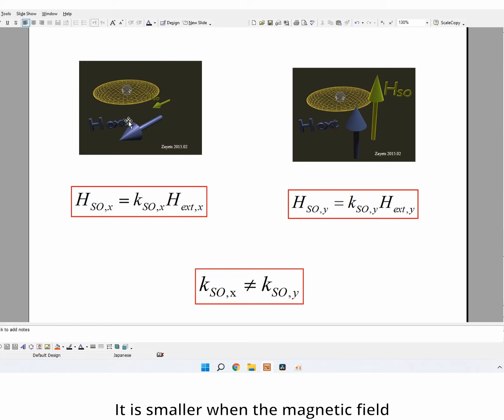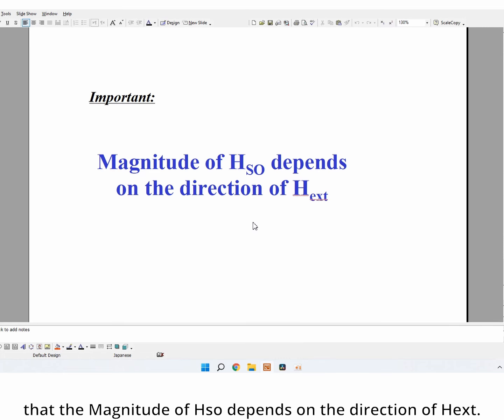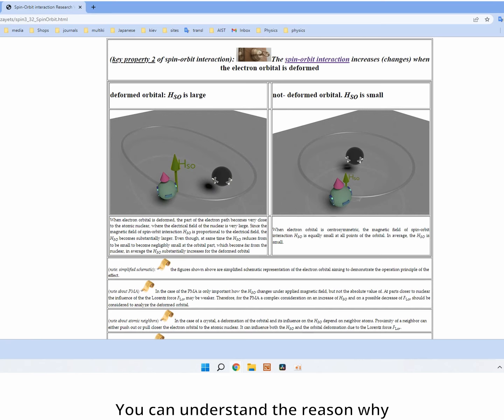It is smaller when the magnetic field is applied perpendicularly to the deformation, and it is larger when the magnetic field is applied along the deformation. I would like to emphasize once more a very important property of the spin-orbit interaction: the magnitude of the magnetic field of spin-orbit interaction depends on the direction of the externally applied magnetic field.